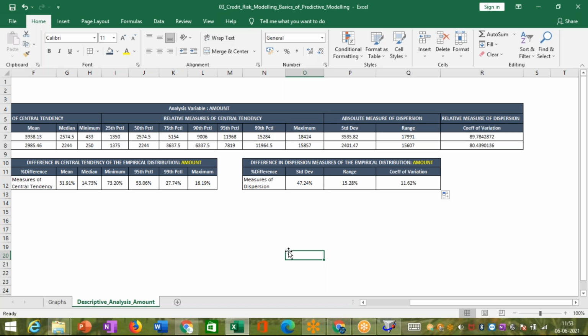And how do you capture that consistency? That consistency is captured through the coefficient of variation, which is nothing but the standard deviation divided by the mean, times 100. It measures the standard deviation as a percentage of the mean of that group.